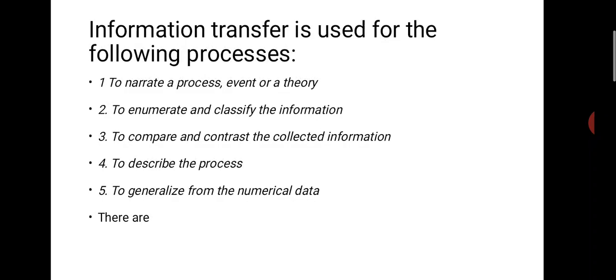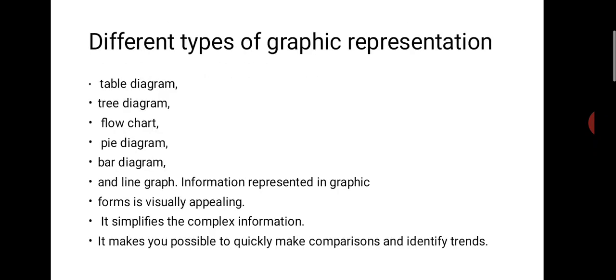There are different types of graphic representation in which the collected information is transferred from prose narratives. They are table, diagram, tree diagram, flow chart, pie diagram, bar diagram, and line graph. Information represented in graphic forms is visually appealing.